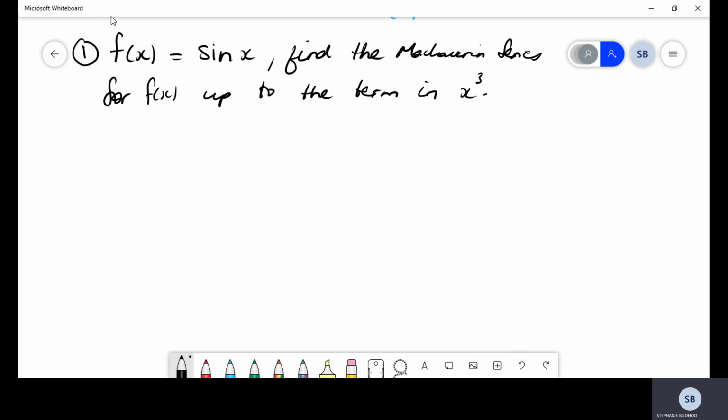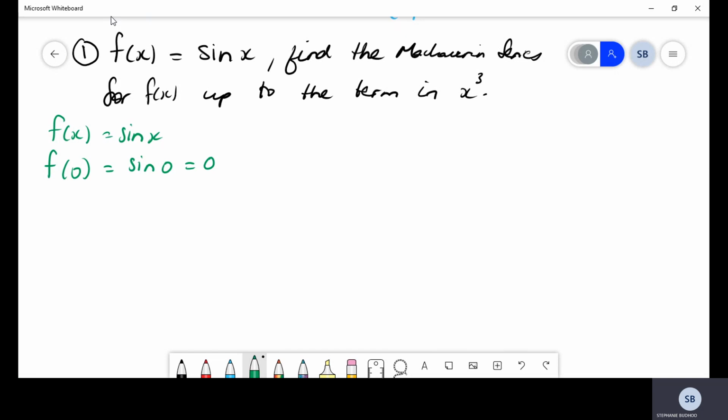So one of the first things I would do in answering this question is make sure that function exists at 0. So we have our function, sine x. I want to make sure that my function exists at 0. Now, you all know that sine of 0 is simply equal to 0. So yeah, it does exist.